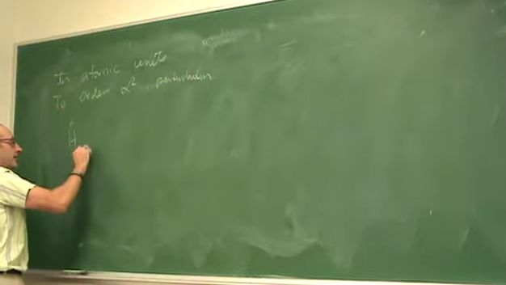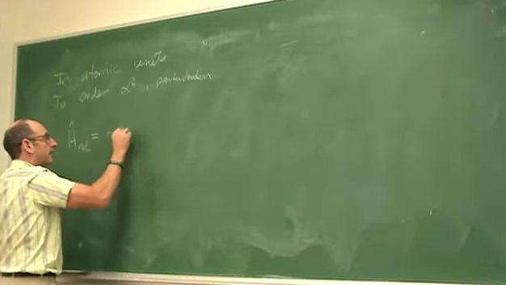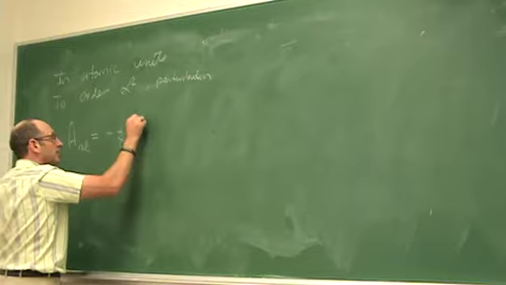The relativistic corrections are minus an eighth times the momentum to the fourth power.